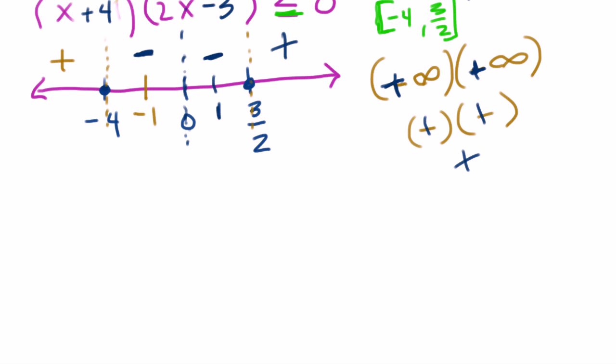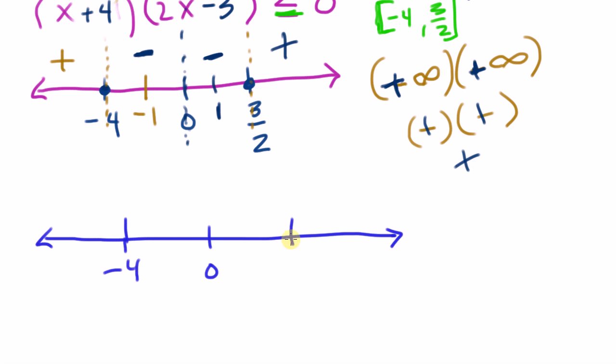Now we're going to go ahead and do what the direction said, and we're going to graph it. So we have this number line. We have this -4. Remember, I always put my 0, and we have this 3/2.